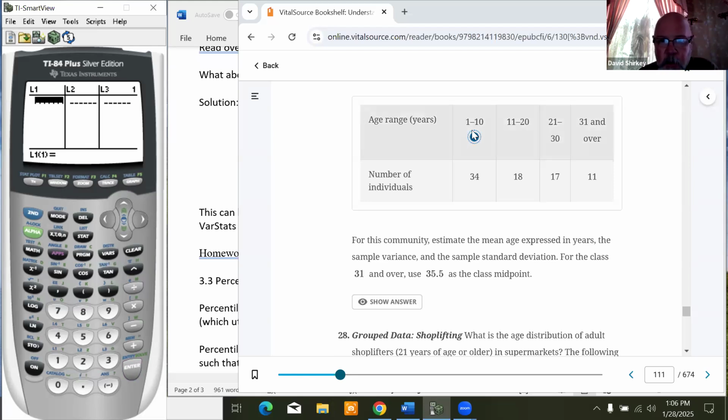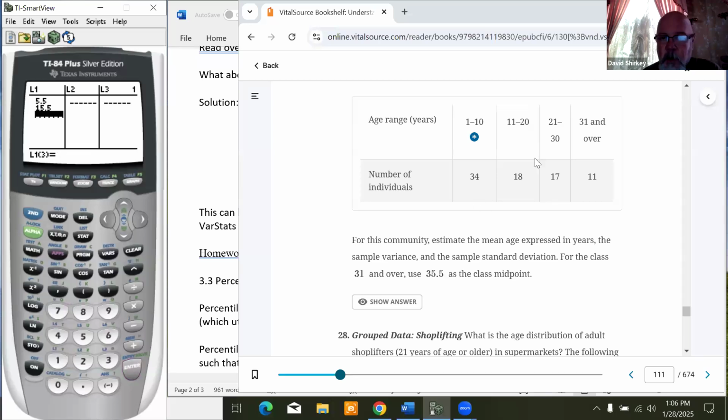So here's the idea. For list 1, we're finding the midpoint, okay? So here's how you do it. You add these together and divide by 2. So you do 1 plus 10, you divide by 2, you get 5.5. And then press enter, all right? For the 11 plus 20 divided by 2, you're going to get 15.5.